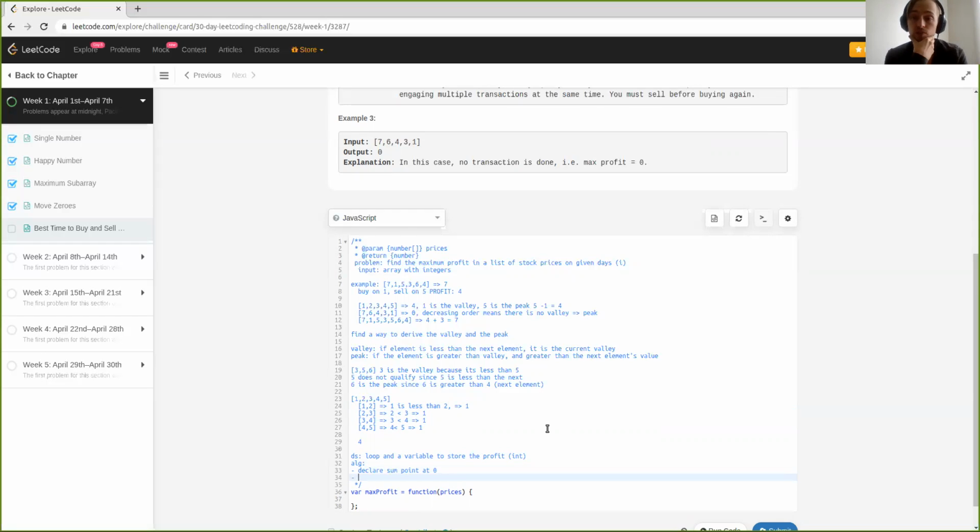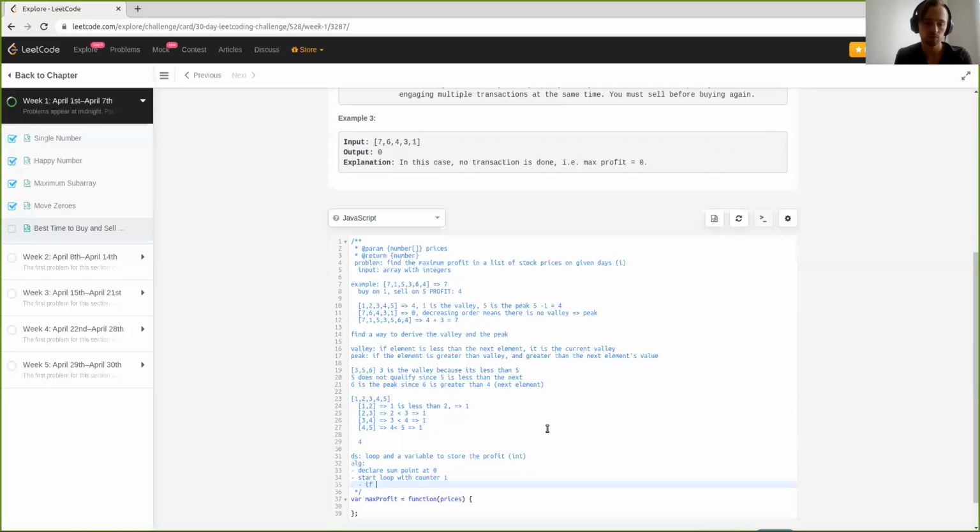We can either start at the first index, 0, or at the second index, 1. The benefit of starting at 1 is that if the array's length is only 1, it will break preemptively and just return 0, which is the right answer in that case. Either way, it's good. I'm going to start the loop with the counter at 1.